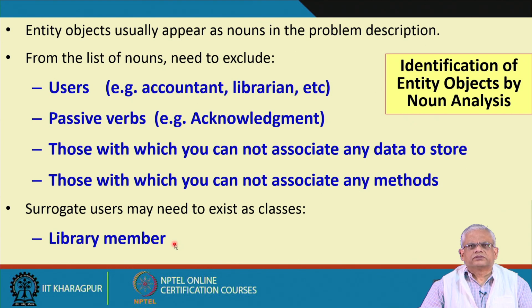Many times we will have the users appearing as entity objects, but not always. Whenever a user is present in the noun form, we need to check whether we need to store the information associated with the user. For library member, yes, because we need to find out who the library members are, what the books outstanding are, and so on. We call these surrogate users.